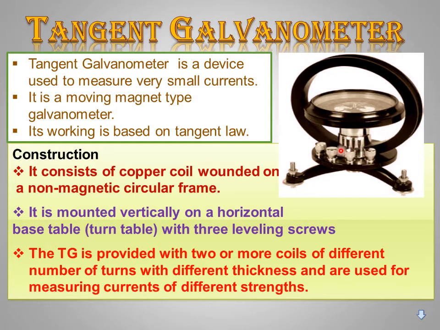That means a turntable. You can turn this table with three leveling screws, one, two and another one in the opposite direction. The tangent galvanometer is provided with two or more coils of different numbers of turns with different thickness, and they are used for measuring currents of different strengths.